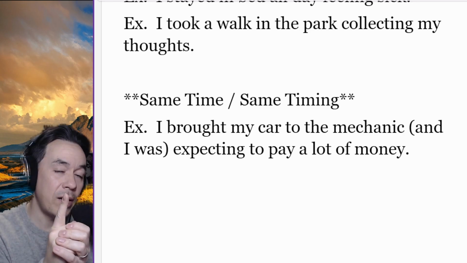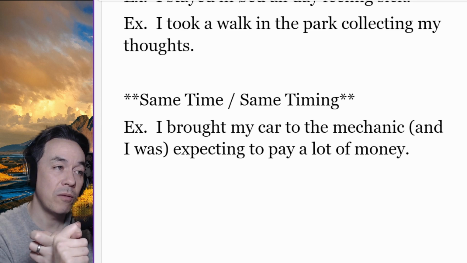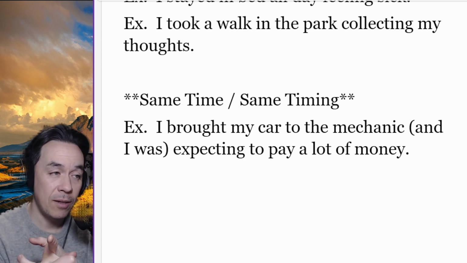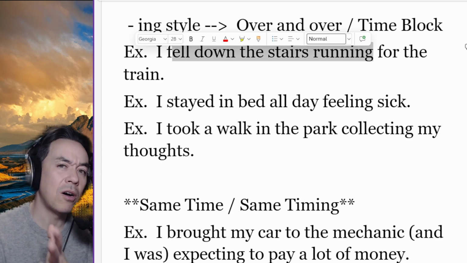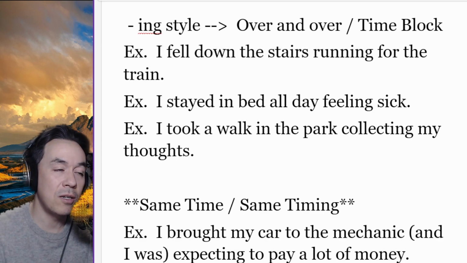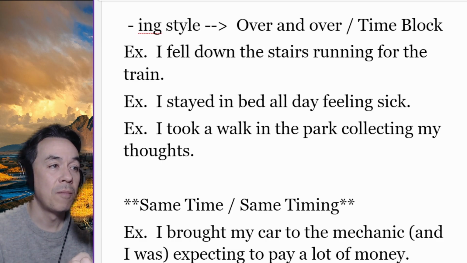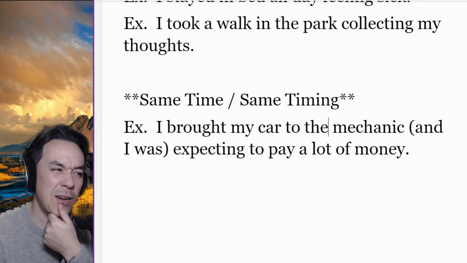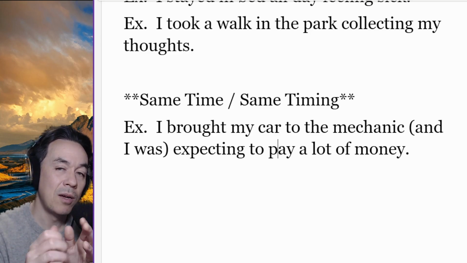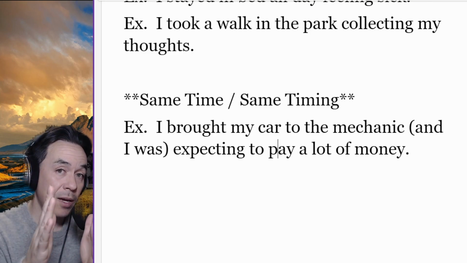And again, one character, action A and action B. And sometimes there is a result or a causal relationship because the cause was running, the cause was feeling sick. This one is not the cause, not the result, it just is at the same time. Brought the car at that time, expecting.